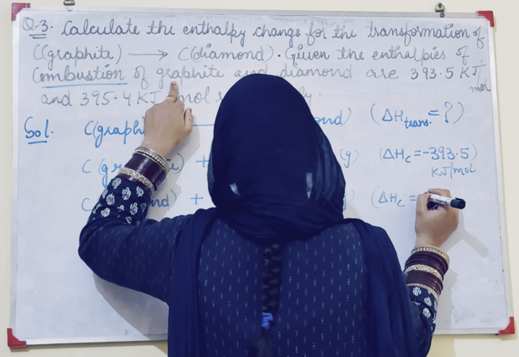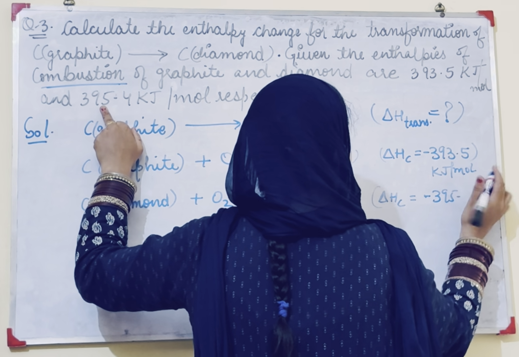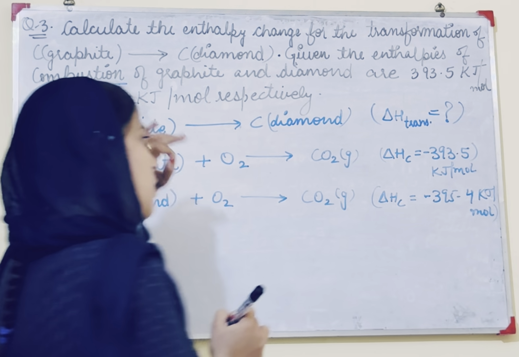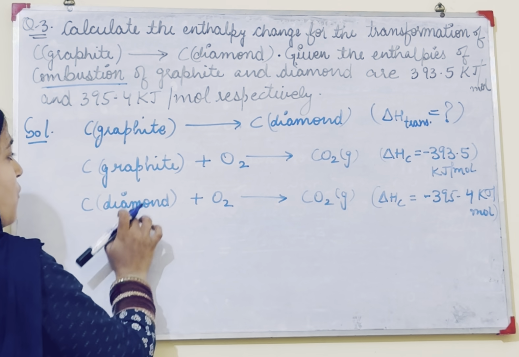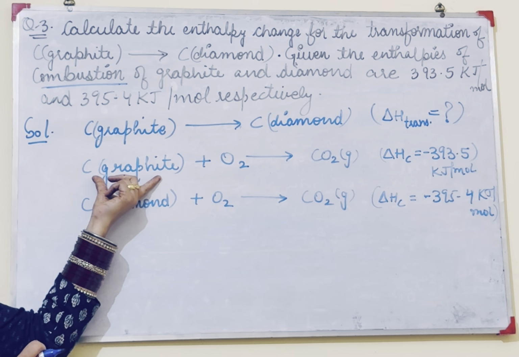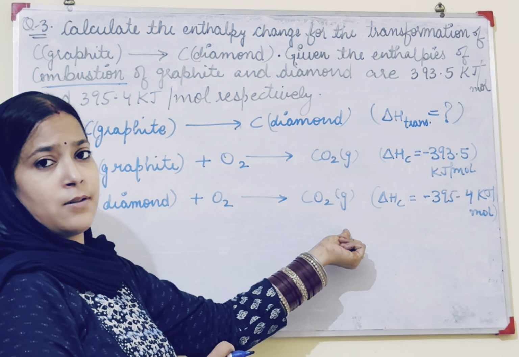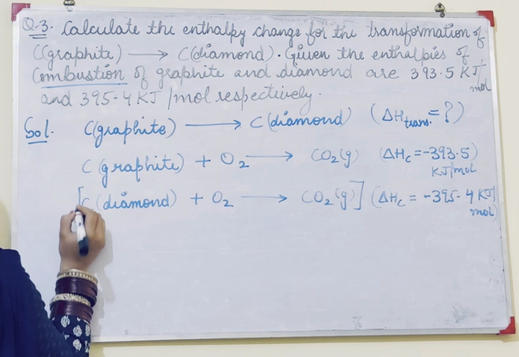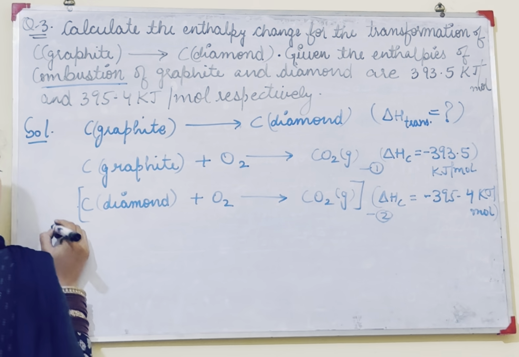For diamond, delta H combustion is minus 395.4 kilojoule per mole. These are the given things. Now, if we want this equation from these two equations, we want carbon graphite on this side and carbon diamond on this side. You will reverse this reaction. Make it first equation, make it second equation.